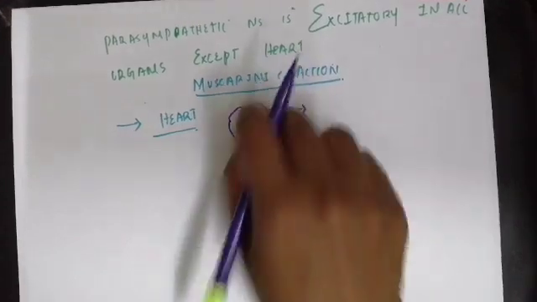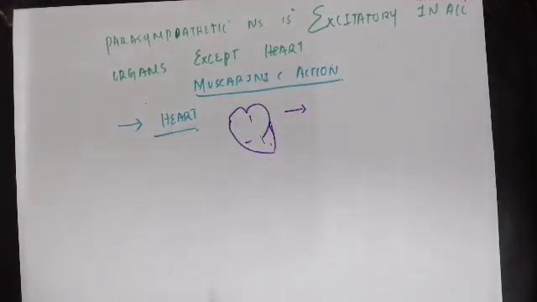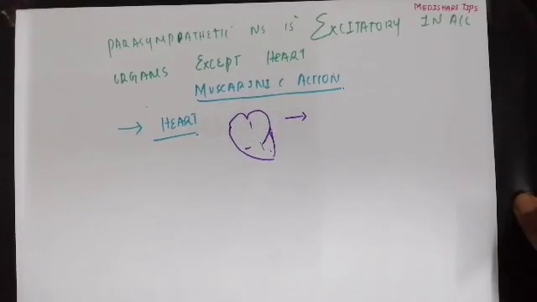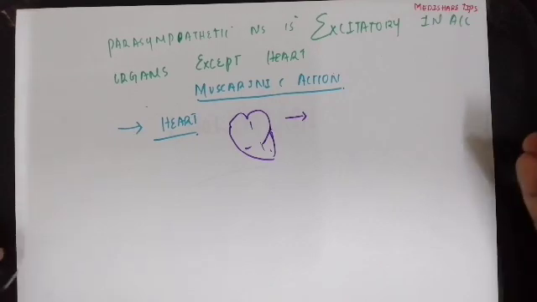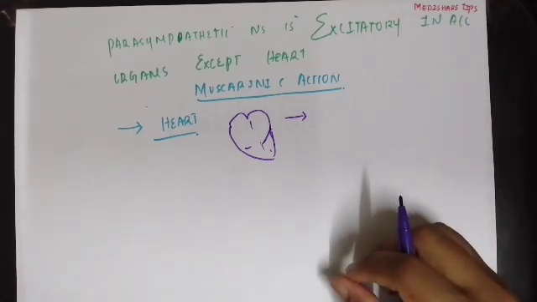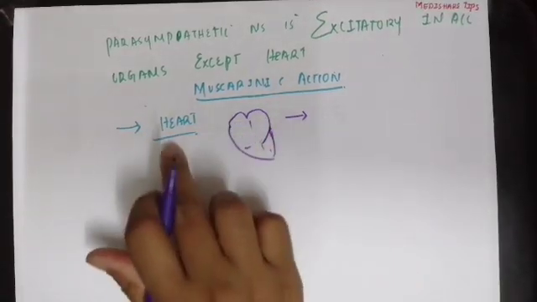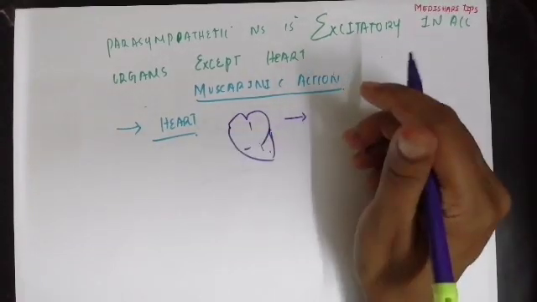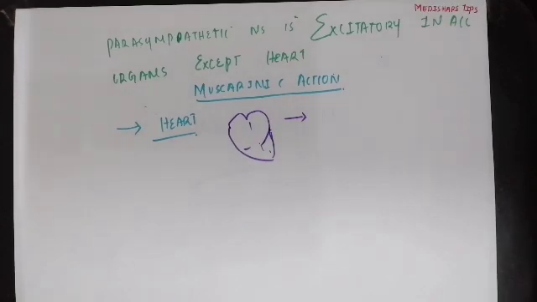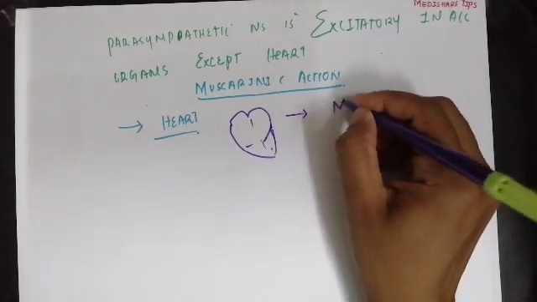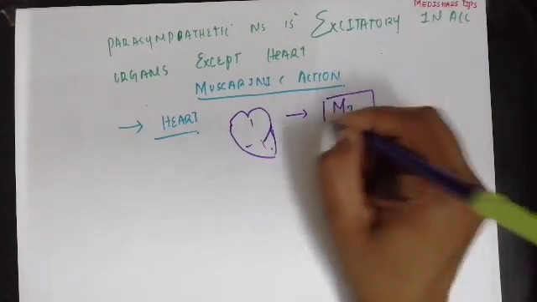We have discussed that the parasympathetic nervous system has an inhibitory effect on the heart. In all other organs, it has an excitatory effect. So what is the inhibitory effect? Which receptor is present in the heart? We have discussed that the M2 receptor is present in the heart.